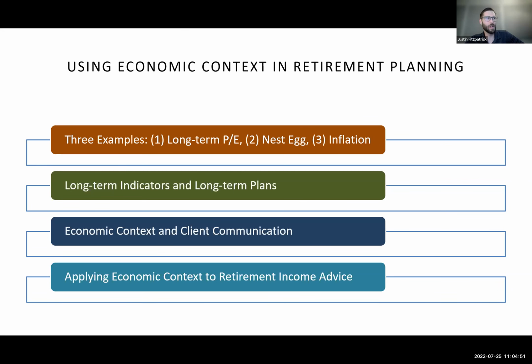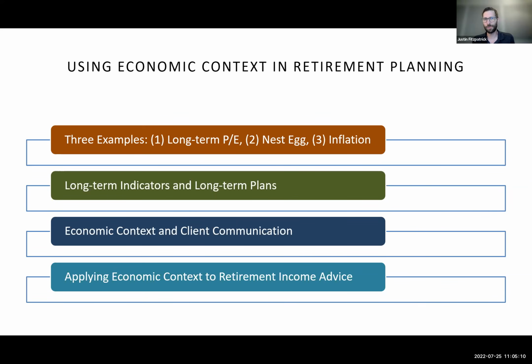And on that last part, I think whenever we talk about applying economic context, market context to advice, it's reasonable to get a little bit worried that, is this market timing? Is this the kind of thing where there's really evidence to show that these are strong?